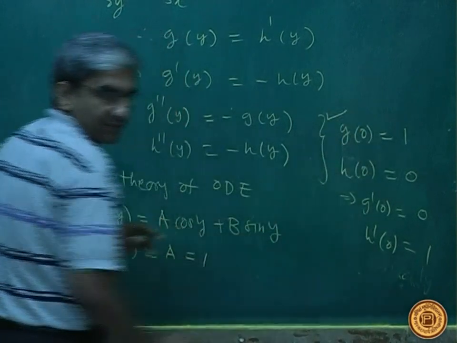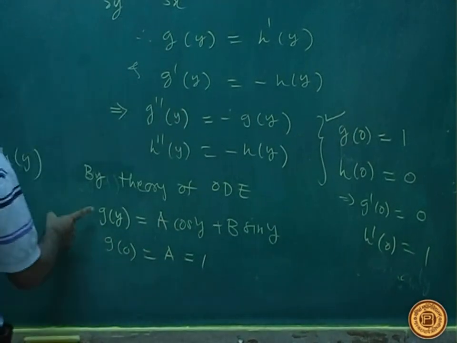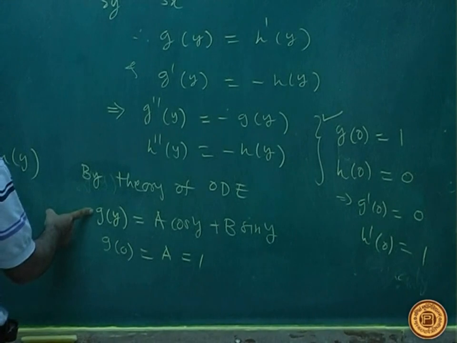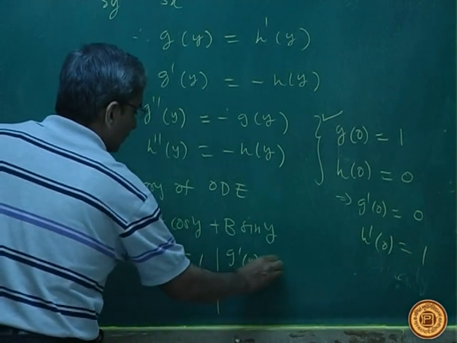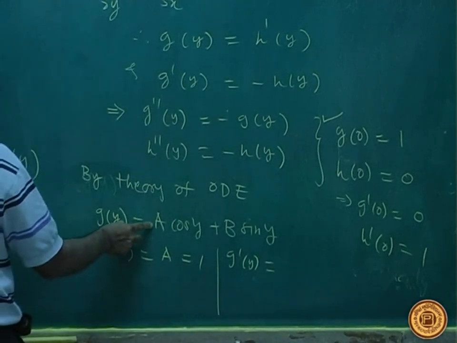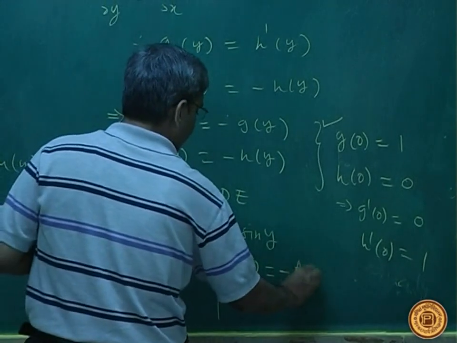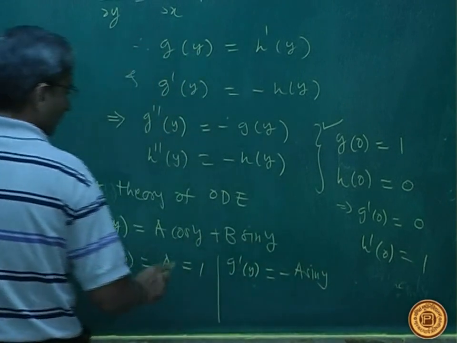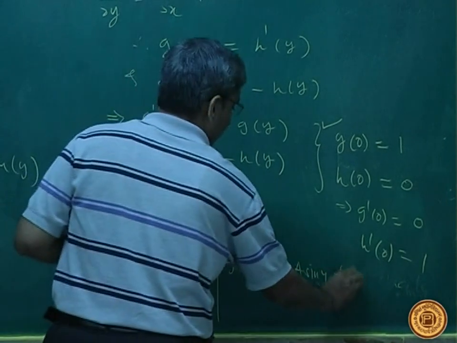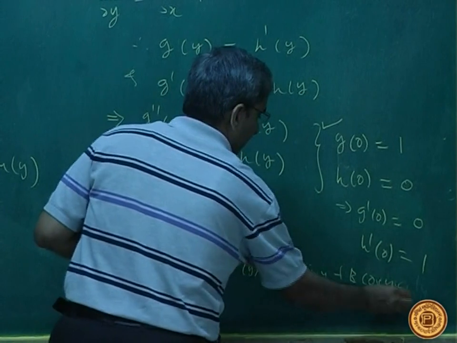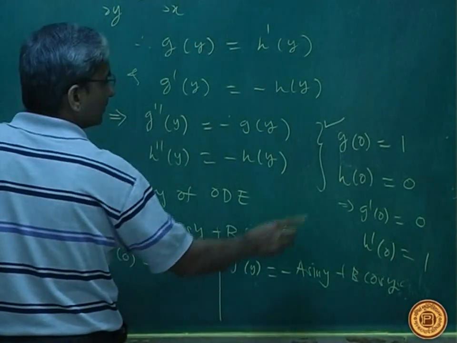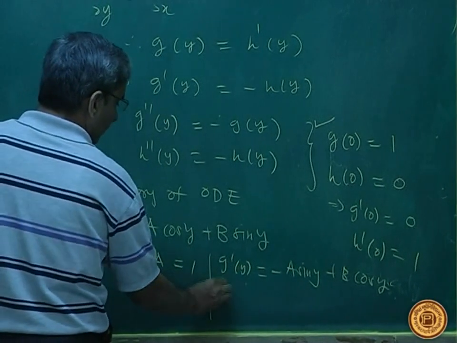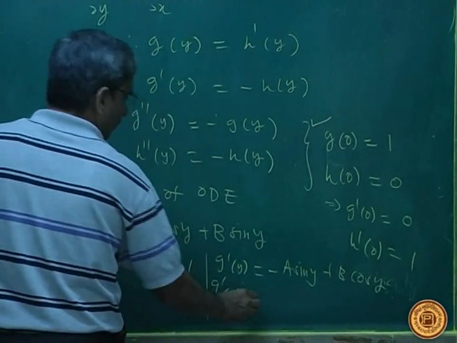I am using this, and find g dash y. So g dash y is minus a sin y plus b cos y. And g dash 0 is 0, so put y equal to 0.